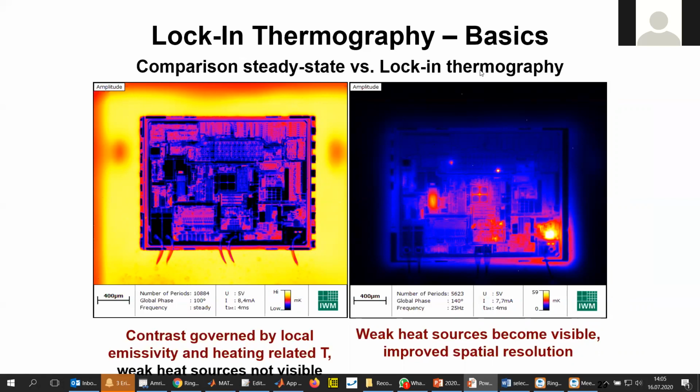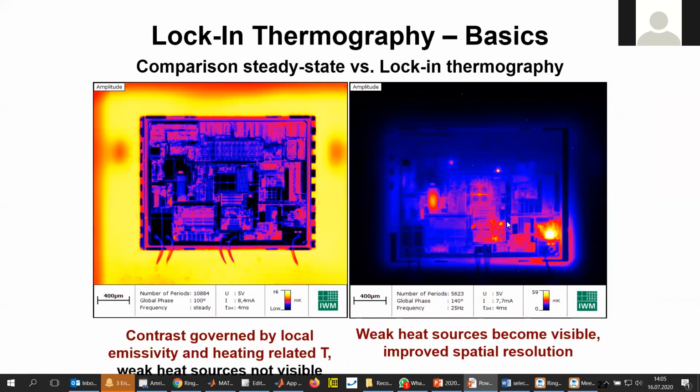And in lock-in thermography, as you have learned, we turn the sample on and off and only follow the transient signals that are related to our excitation. So in steady state imaging, the contrast would be governed by the local emissivity and the heating of those structures, which would prevent us from detecting small sources.